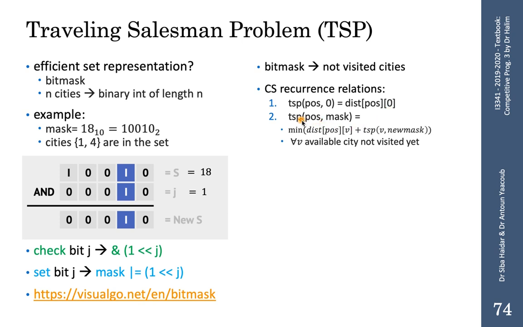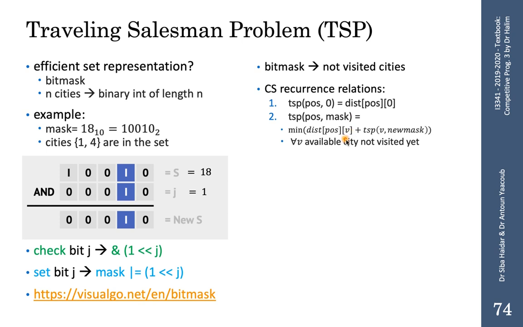For a general case, you will have to compute all the possible TSP, traveling salesman problem, going from V using the new mask, adding to it the distance from this current position to V, and this for every V, for every city not visited yet. So you will take all the cities that are not visited yet, and you say, what if I continue now my way from this city V?